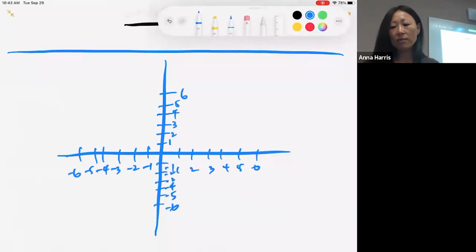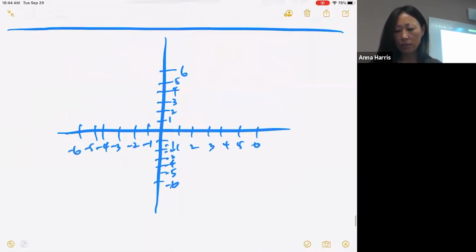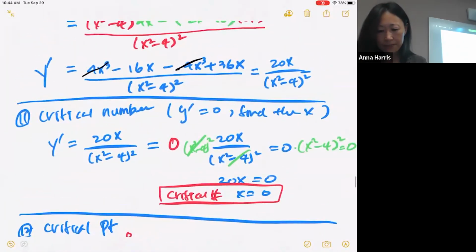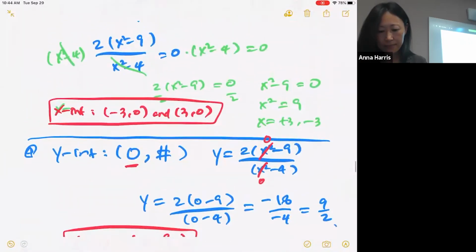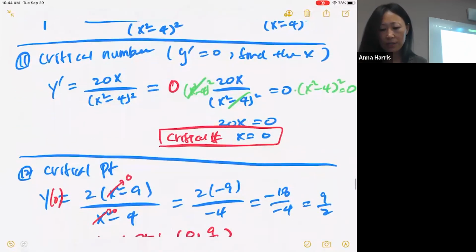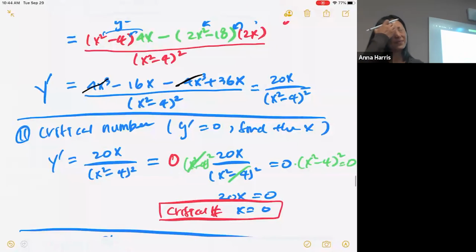Starting with my intercept, we found the intercept to be 2, 0, and negative 2, 0. And we also know that would be our what? What was the intercept? I forgot. What was our x-intercept? Oh, negative 3, 0, and 3, 0, excuse me. Oh, I got it wrong.